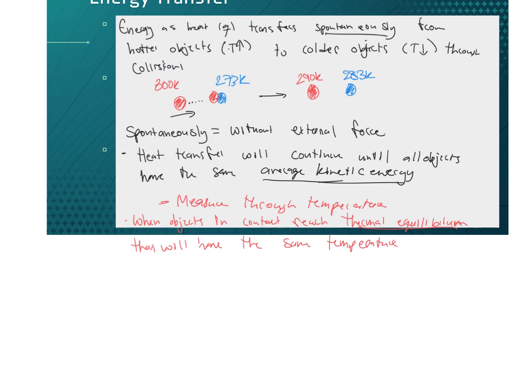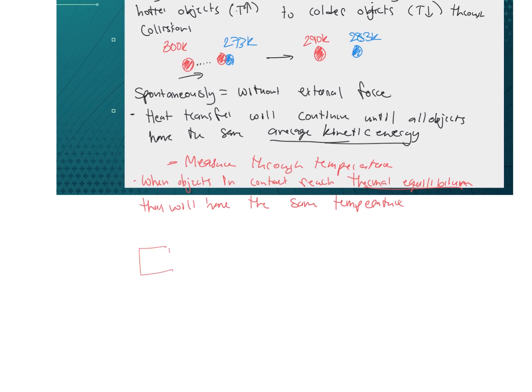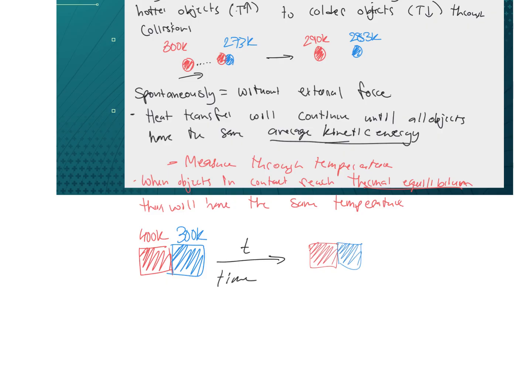And so in this scenario, let's say I have a block. This is at 400 Kelvin. I have another block over here, and this is at 300 Kelvin. What I can do is I can put these two blocks in contact with each other and then wait some amount of time, right? T is time. At a certain point, the heat will transfer from my hot object to my cold object, and these will be somewhere in the middle.